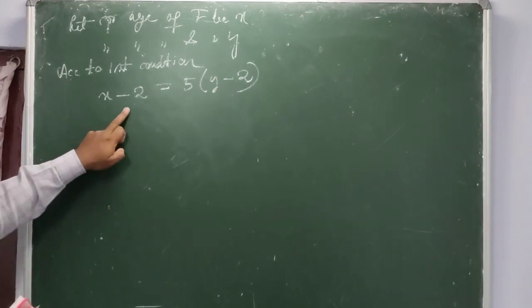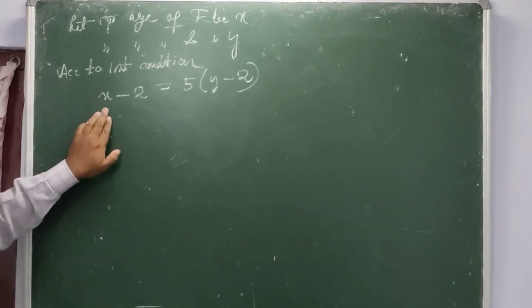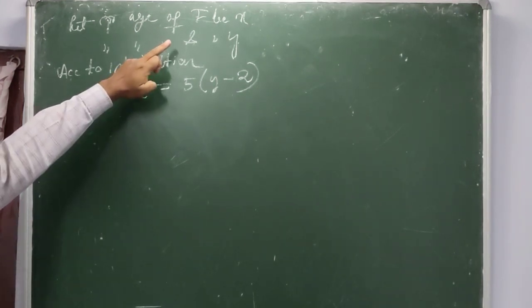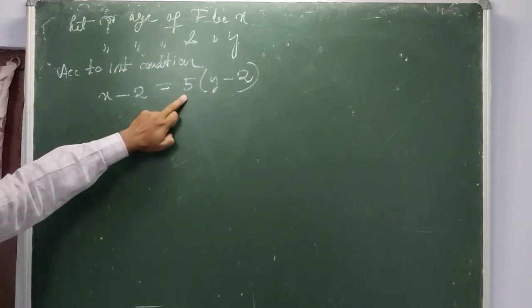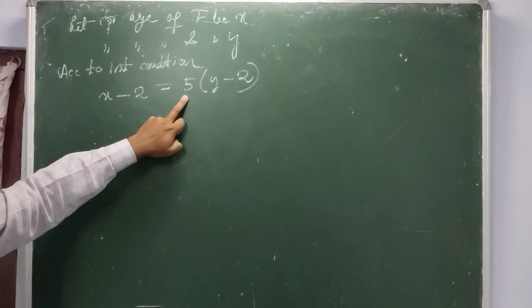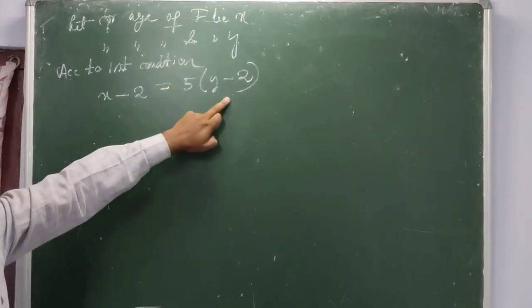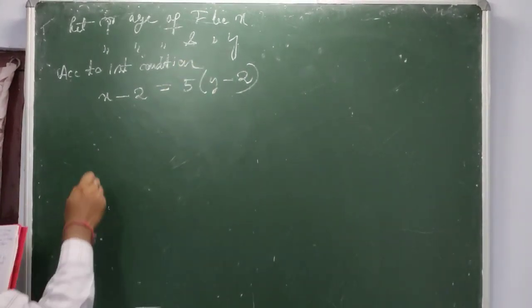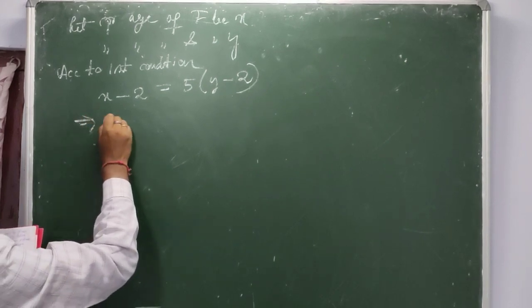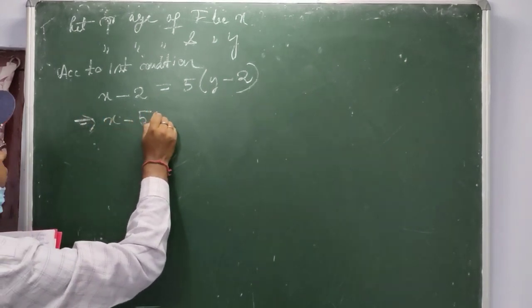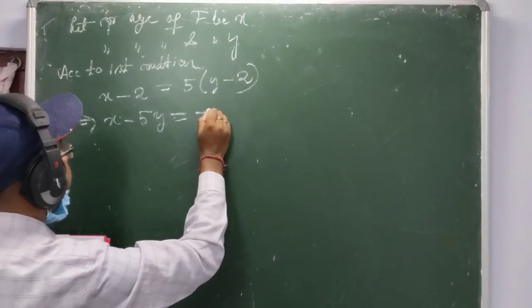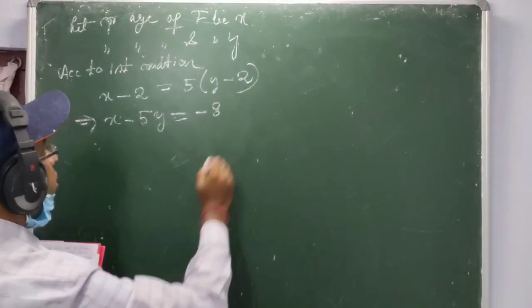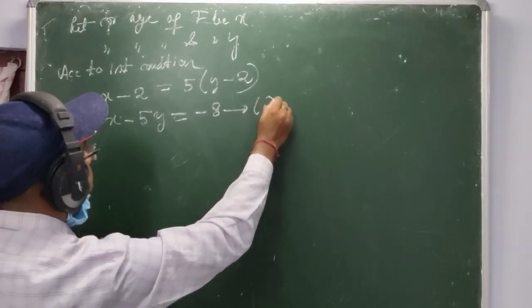So 2 years ago, this man, who is x at present, was x minus 2, and was 5 times as old as his son. Son now is y, 2 years ago, y minus 2. If you simplify it, you get x minus 5y equal to minus 8. This is your equation 1.